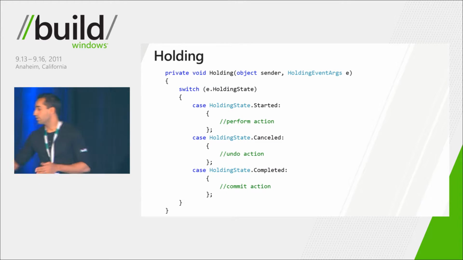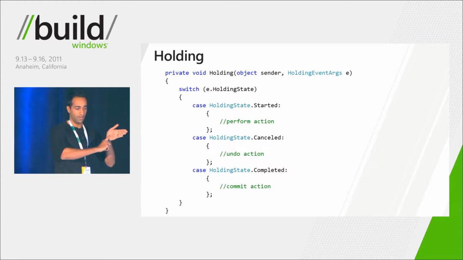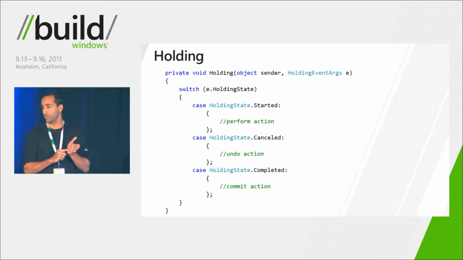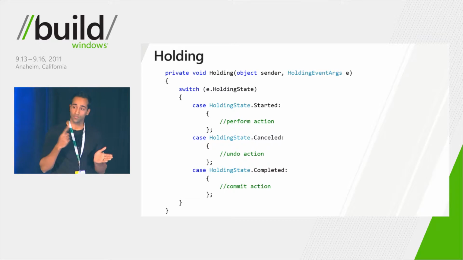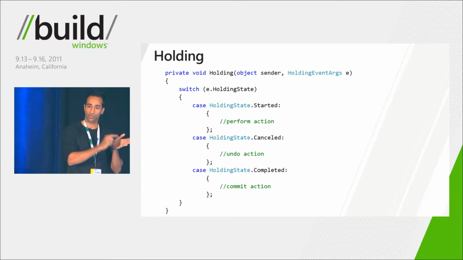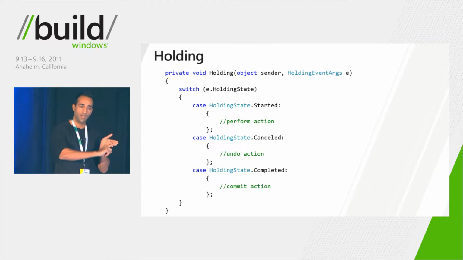If I decide that I'm holding and I'm going to start a drag or a pan, or I decide to do a pinch to zoom in and out, well, I've just canceled the hold there. So instead, now you get a second holding event that will raise with the holding state equal to canceled. So I was holding, I decided to pan, and I canceled the hold.